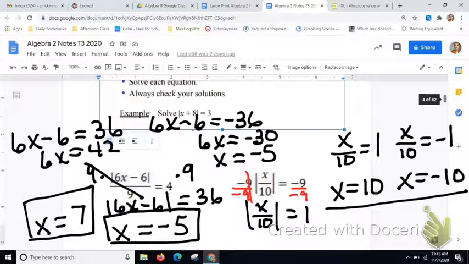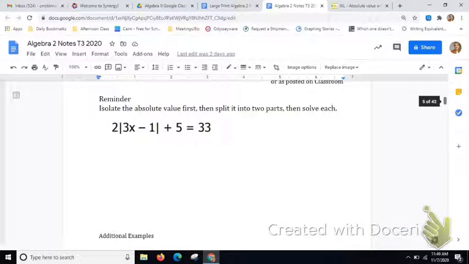And again, all of these you can plug in to check. So go ahead and take a minute to do the problem that's on the next page of your notes. Be sure that you get the absolute value bars by themselves before you split it in two pieces. In case you don't have your notes yet, here is that next problem with my reminder. First, isolate the absolute value.